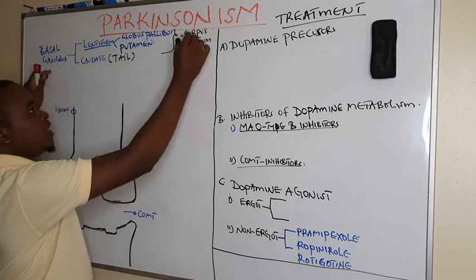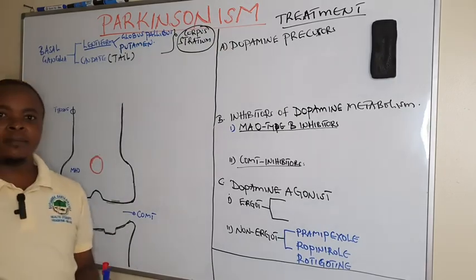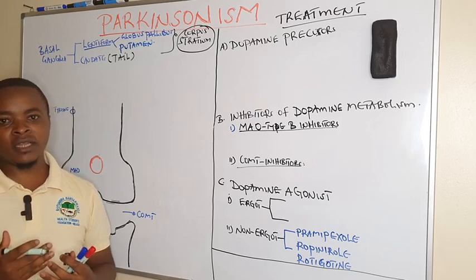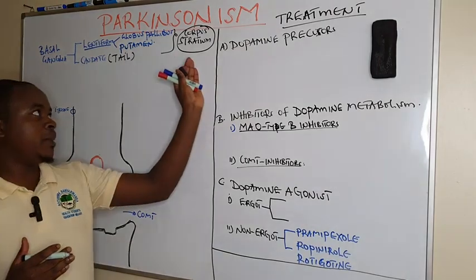And why do we call it corpus striatum? It is striated. It is a part of the brain, the basal ganglia, which is striated. That's why we call it striatum.